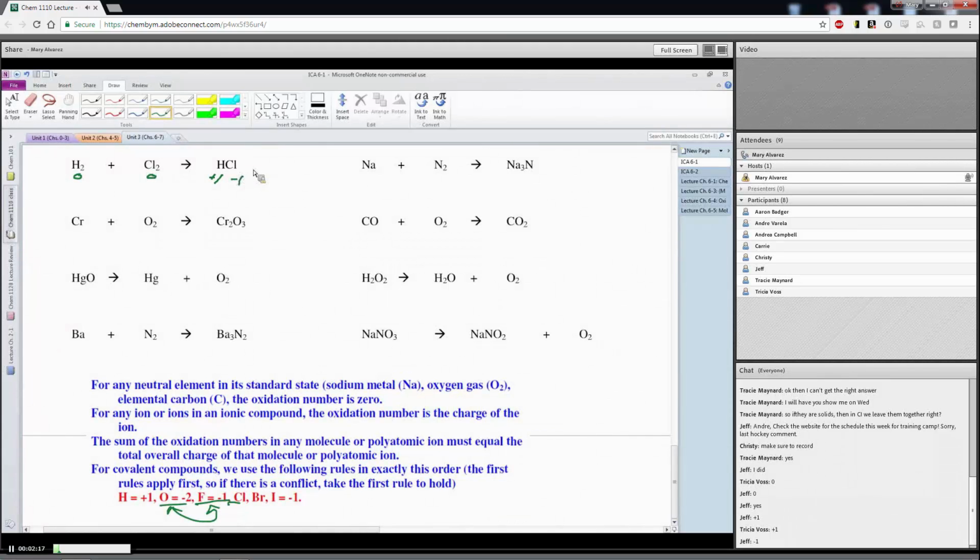Okay, so then what was oxidized and what was reduced? Actually, we have to remember what oxidation and reduction is. I'm going to write this on the side. It'll help me do this.